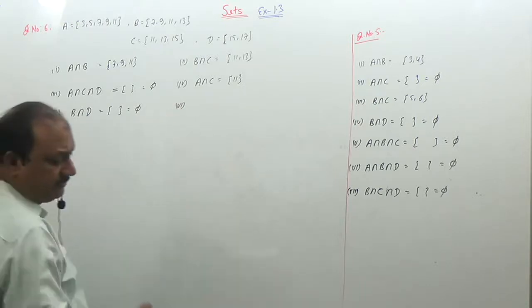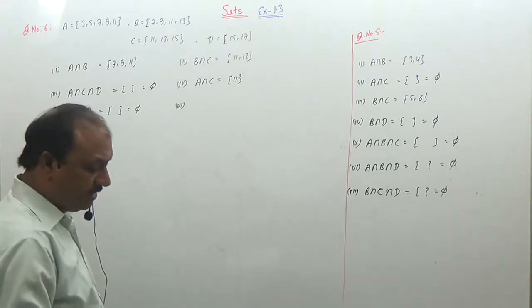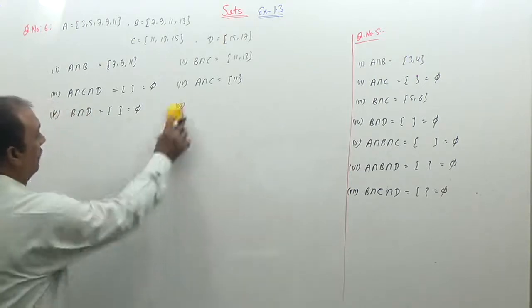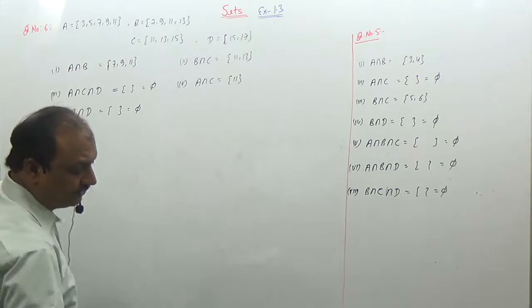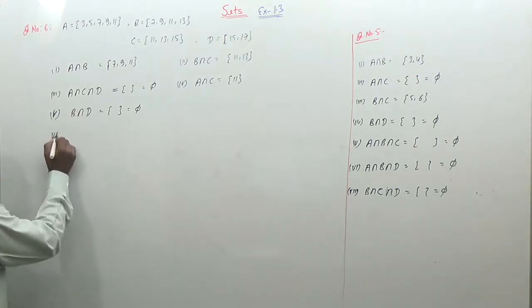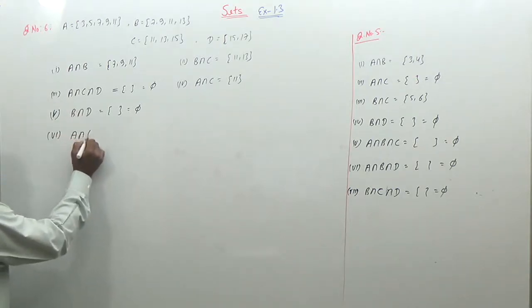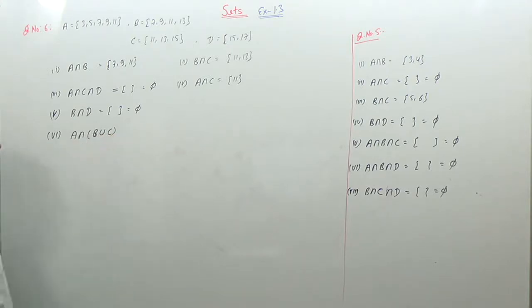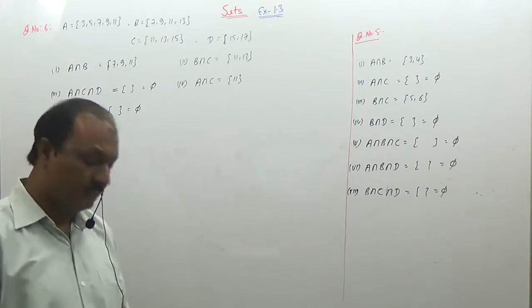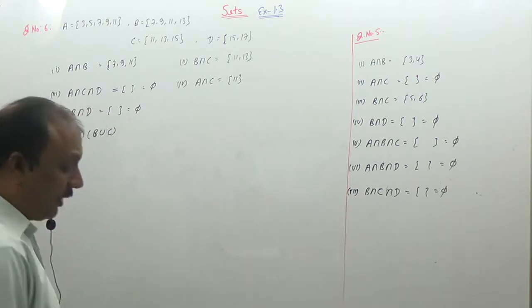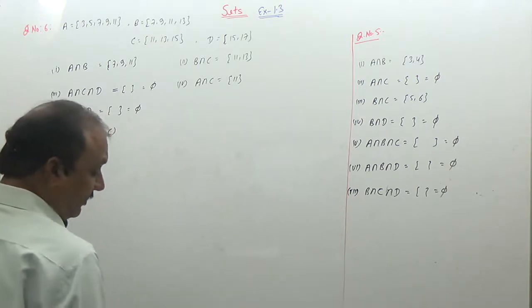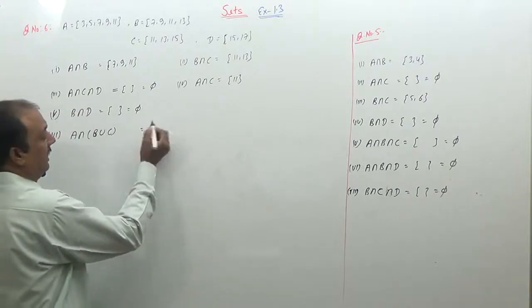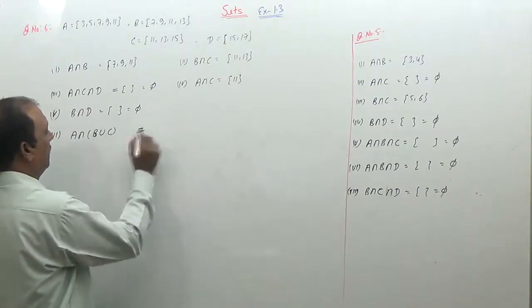Sixth part is A intersection B union C. Now, there are both the operations, union and intersection. So first of all, solve the bracket.